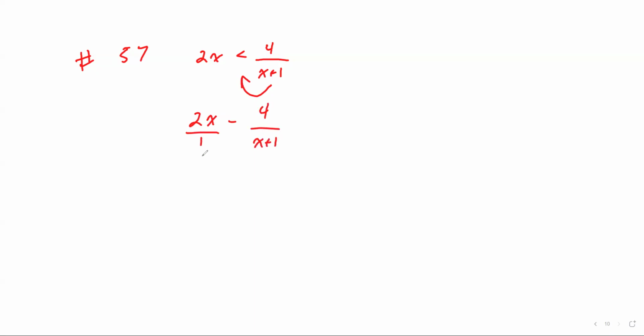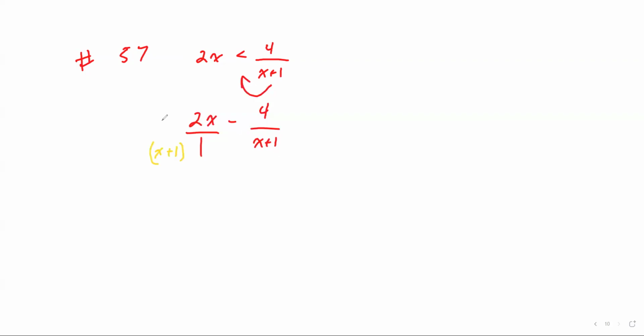I have to combine these rational terms into 1. So this right here, I can put a whole number over 1 to make it rational. The next thing to do is to determine what I have to multiply by to make these have the same denominator. Hopefully you're saying, well, this is a 1, I just got to multiply by x plus 1, and you will be correct.